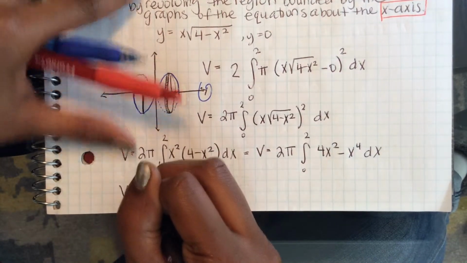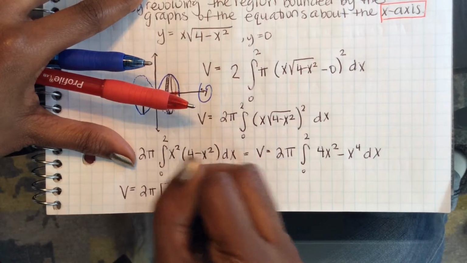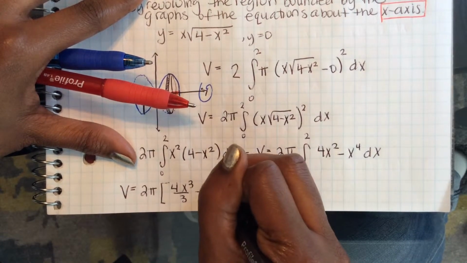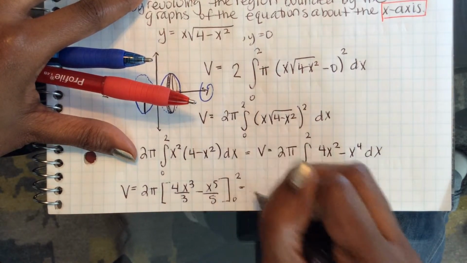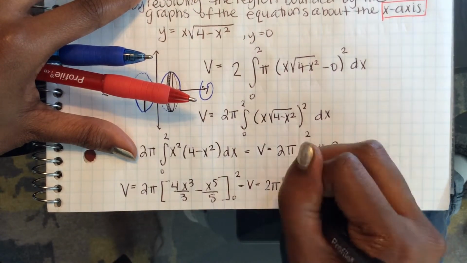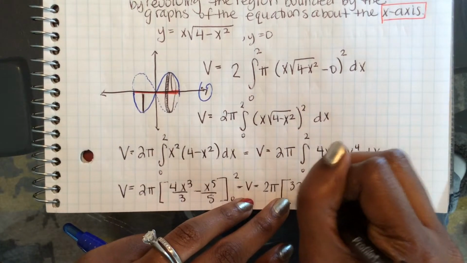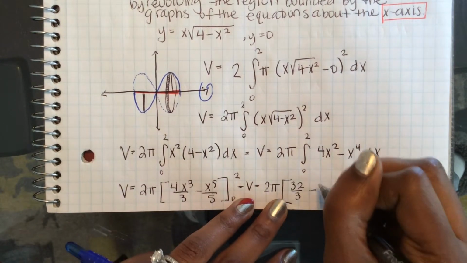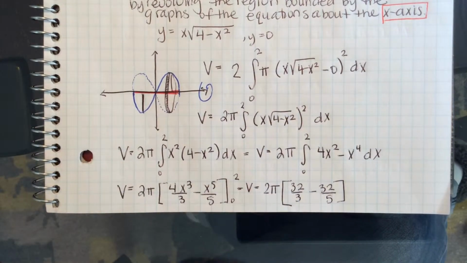So volume equals 2 pi times 4x cubed over 3 minus x to the 5th over 5, from 0 to 2. Volume equals 2 pi multiplied by 32 over 3 minus 32 over 5.